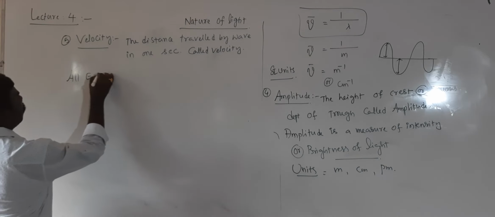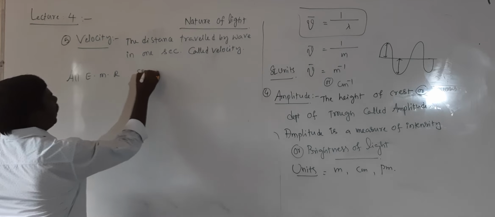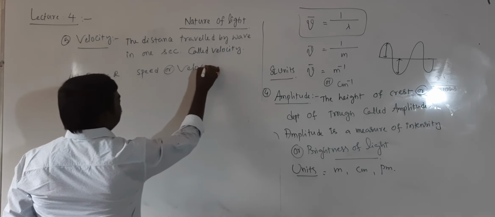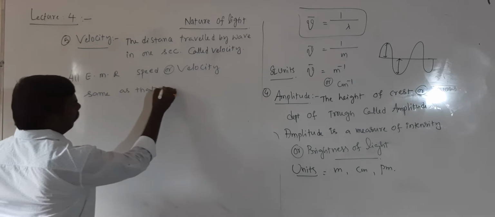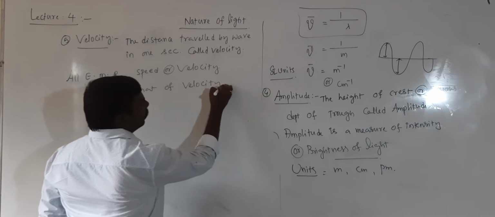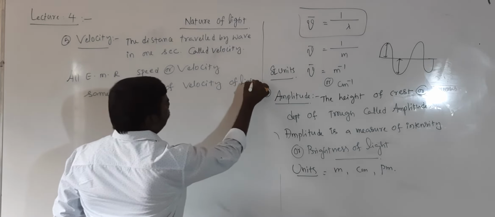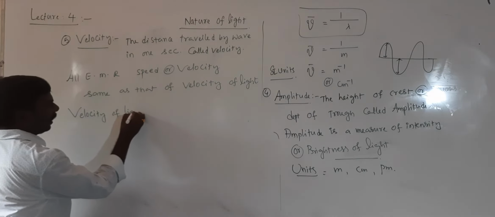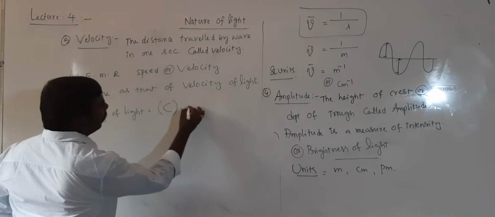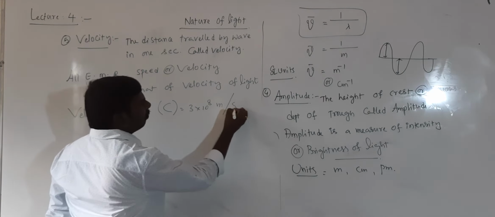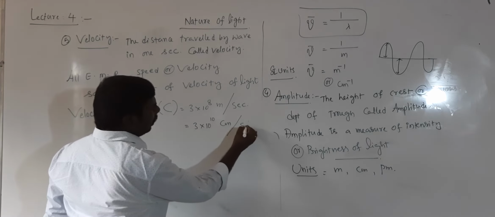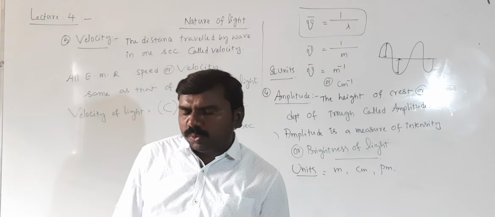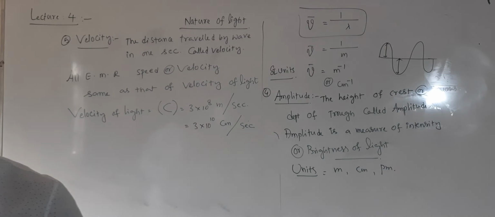The velocity of light is indicated as c, 3 into 10 to the power of 8 meters per second, otherwise 3 into 10 to the power of 10 centimeters per second, if converted into centimeters.